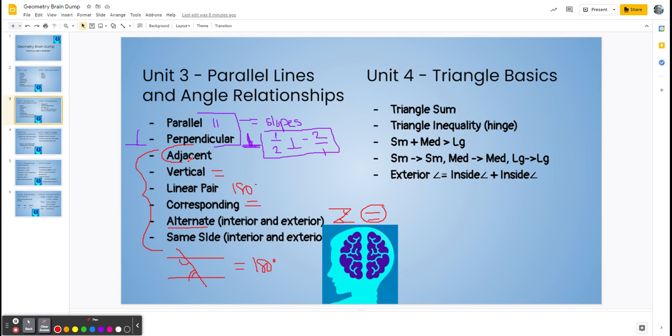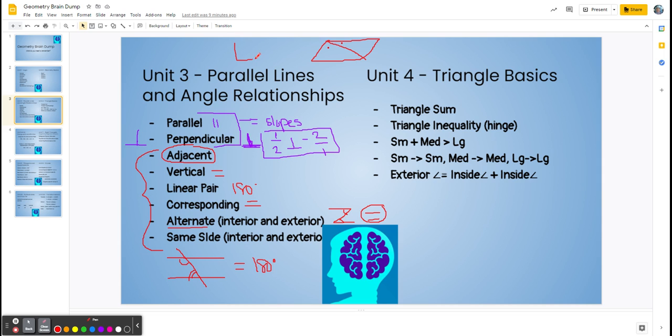What about adjacent? Is there any specific relationship between adjacent angles? They're just next to each other. They're neighbors, but there's no mathematical relationship. So adjacent is like if I give you a parallelogram and I do the diagonal, this angle and this angle are adjacent, but they're not necessarily congruent and they're not necessarily bisected.